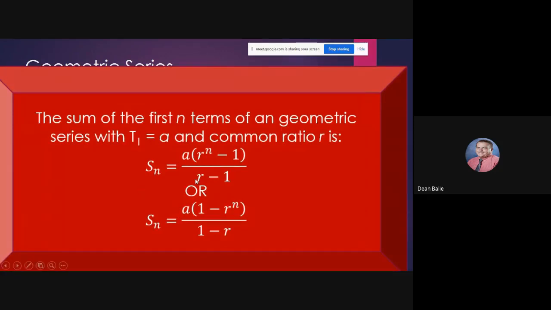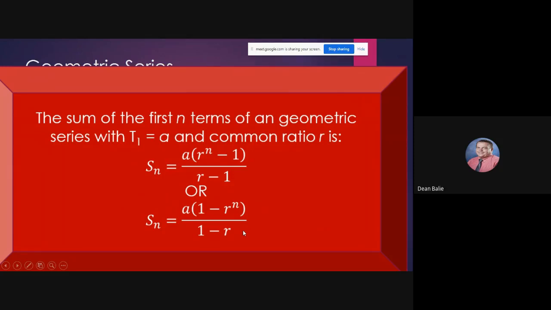All right, so the sum to n terms is the first term, a, multiplied by r to the power of n, in other words, how many terms we're adding, minus 1, all over r minus 1. And we can write that the other way around as well.